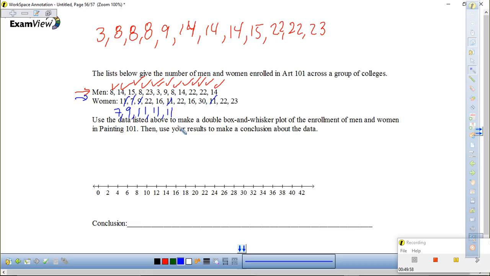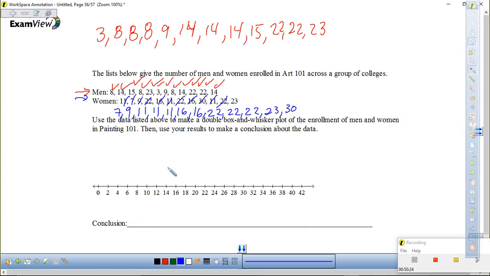Okay, next. 16 twice. 22. 23, Michael Jordan. And the last one, 30. All right. So, let's plot the blue one first.